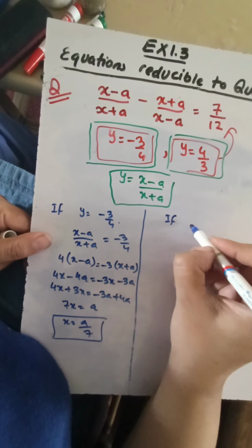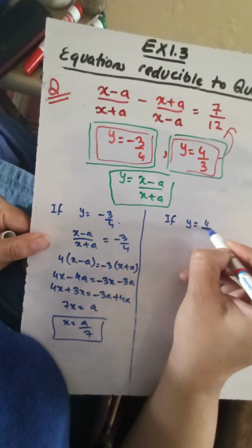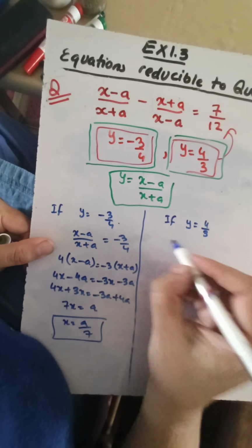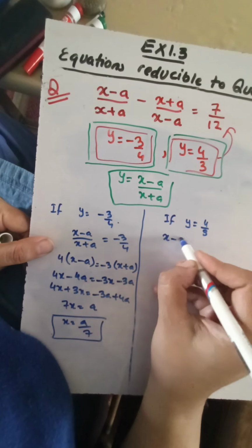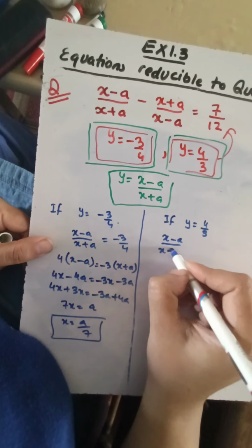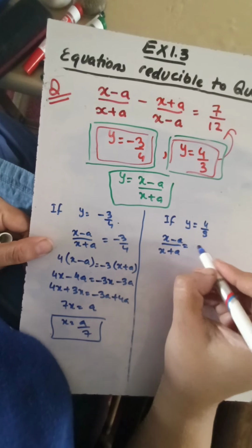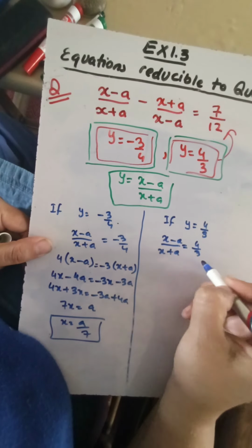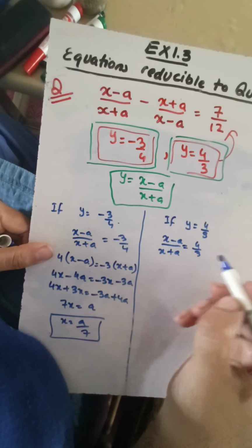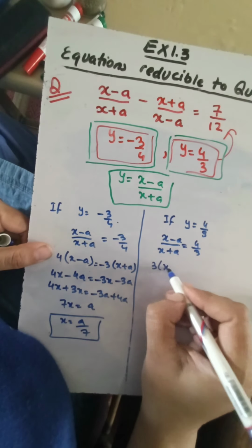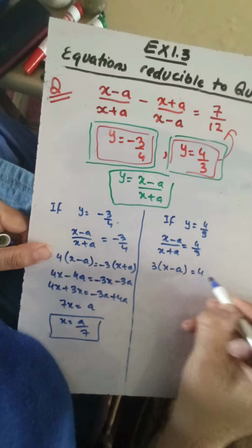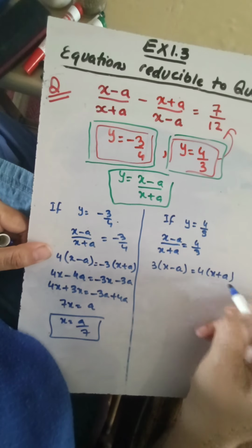If y is equal to 4 by 3, then it means that x minus a over x plus a equals 4 by 3. Now again, during the cross multiplication, we get 3 into x minus a equals 4 into x plus a.